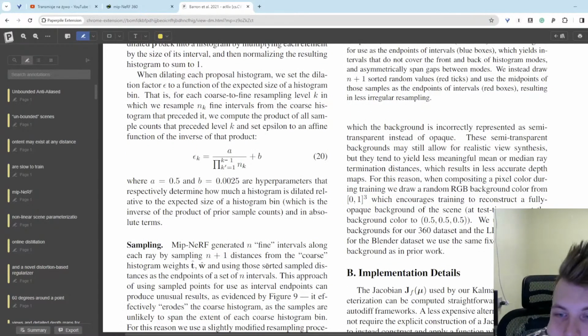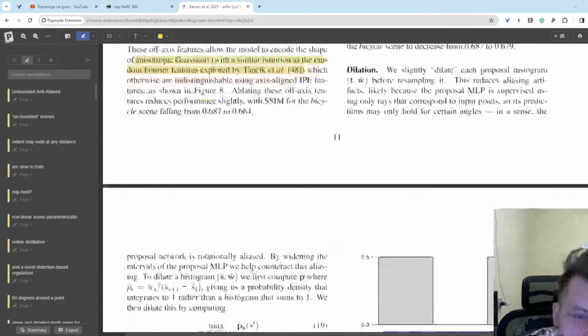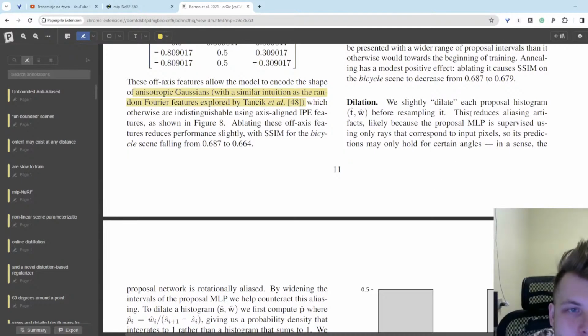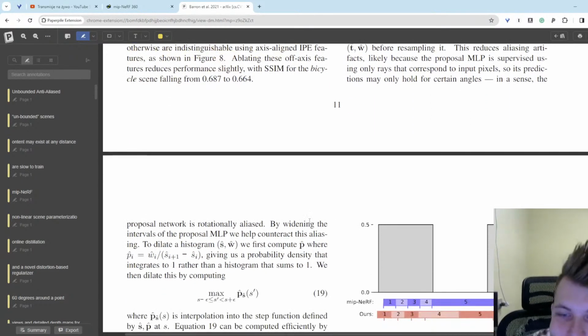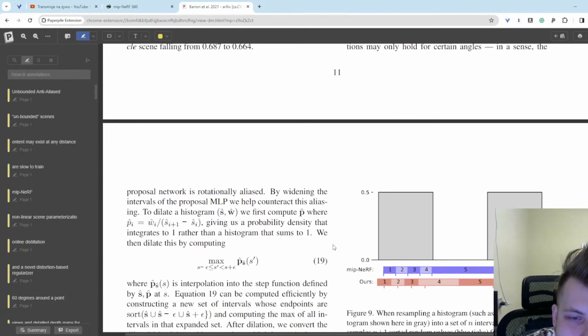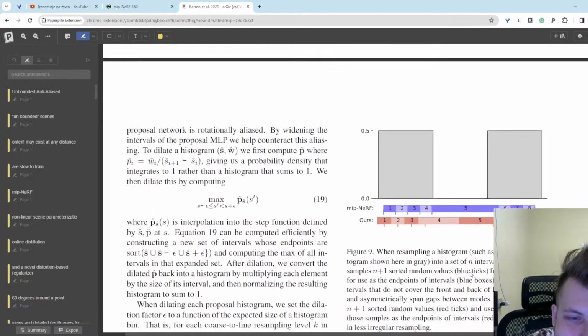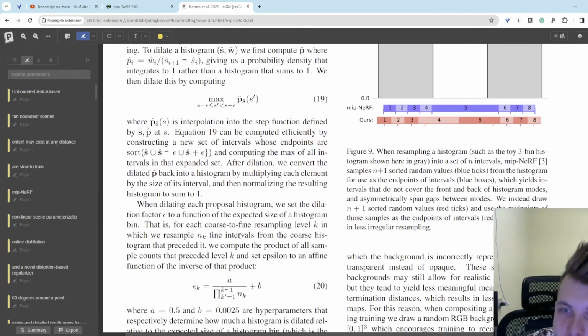Yeah, I don't know what's going on here exactly, but my understanding is they have some problem with this proposal network, and they want the proposal network to be wider. So they have this strategy here that is going to push the histogram, make it wider.